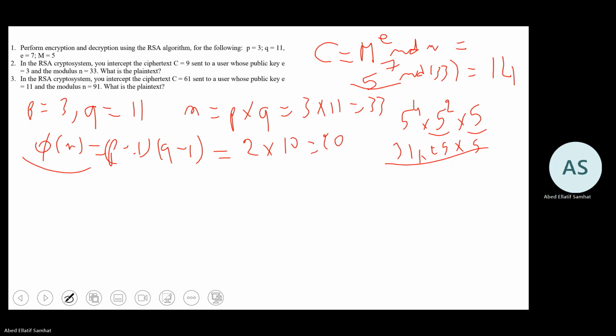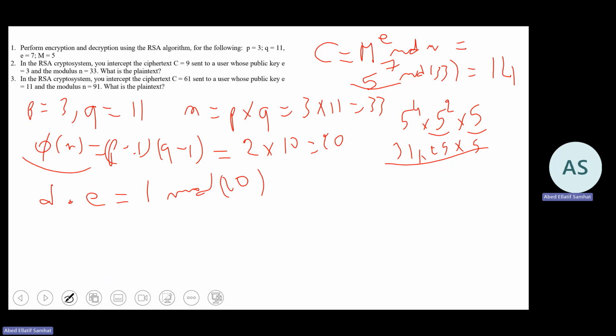And we should find D, such that D is coprime with e, and such that, as we said, D times e should be equal to 1 mod 20.